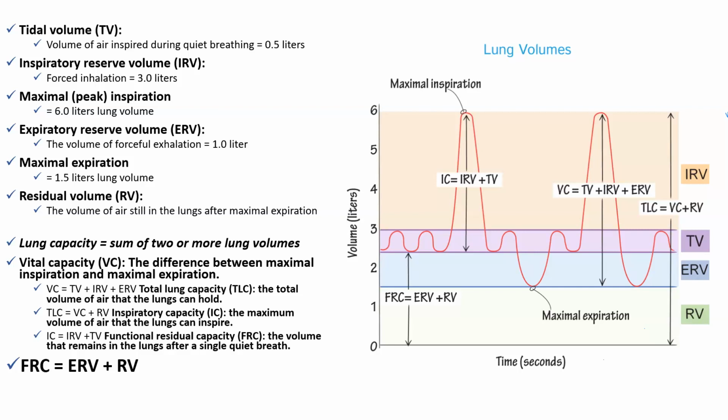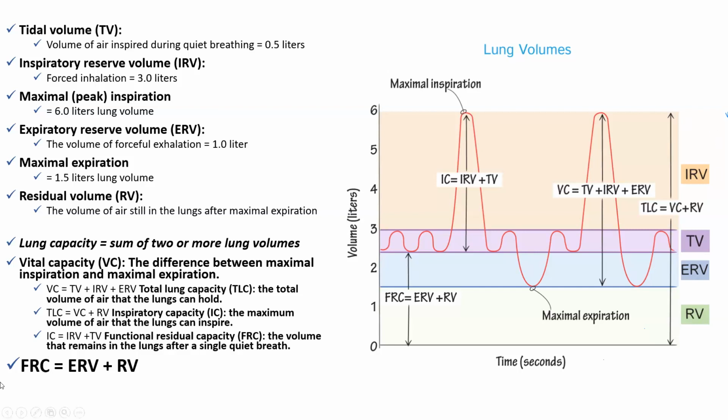Functional residual capacity, the amount of air that stays in your lung, keeping your alveoli open. Tidal volume and respiratory rate are about carbon dioxide. Period. End of discussion. Tidal volume and respiratory rate are driven by presence or absence of CO2.